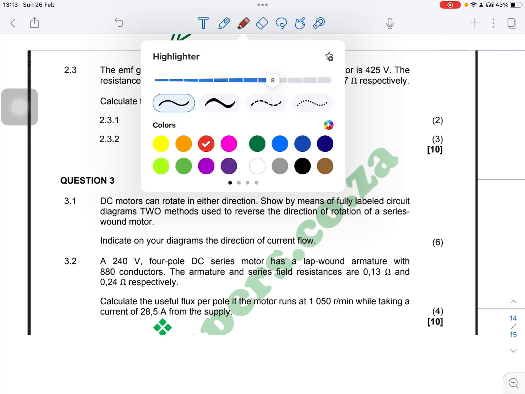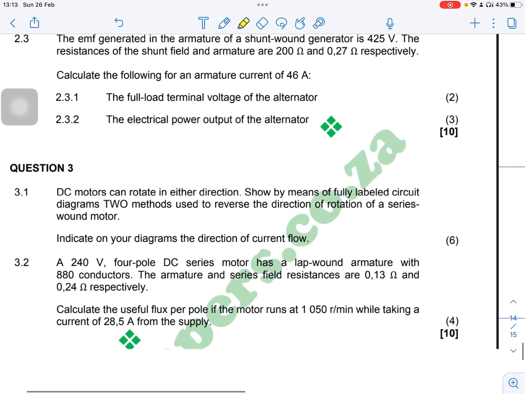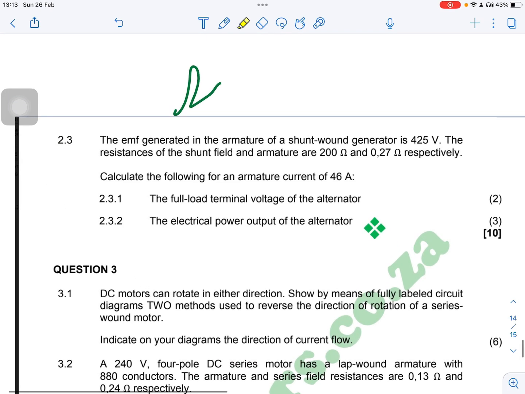So I'll do your question 2.3 fully, then I'll do question 3.2. Then you go through a question paper. Every question paper that you encounter, you'll be able to answer. I guarantee you that.